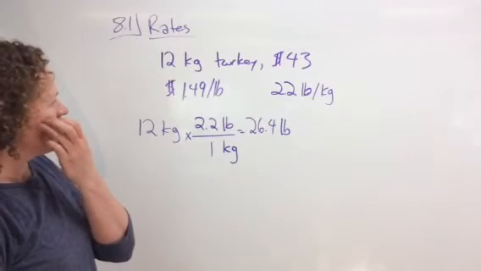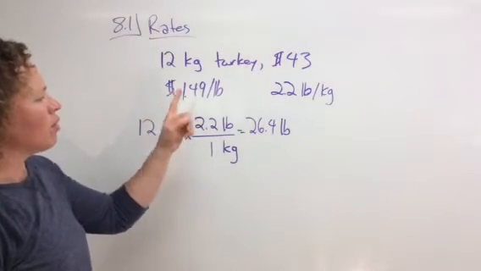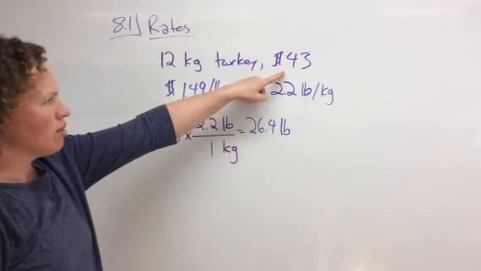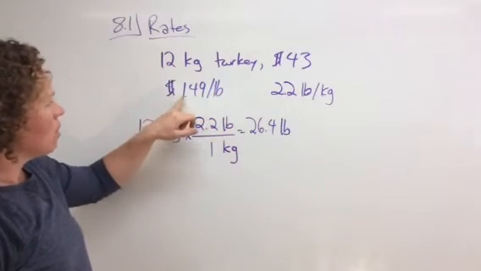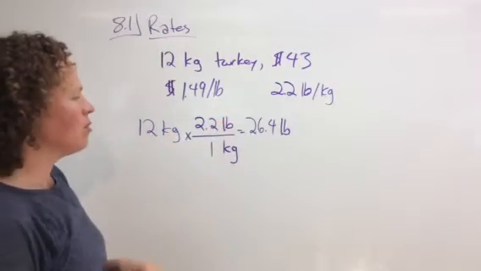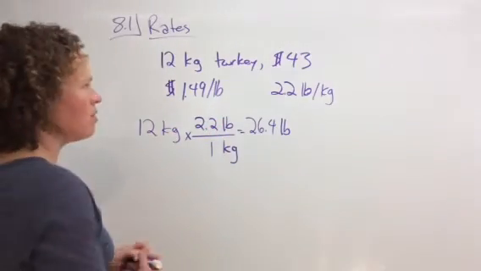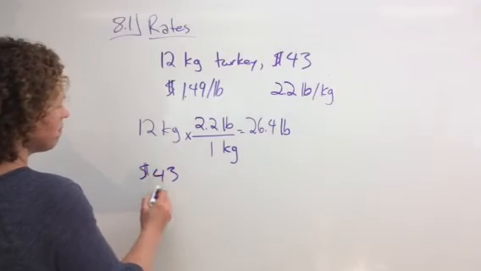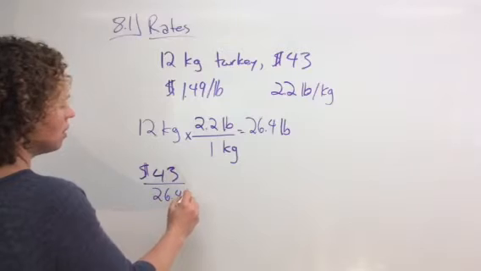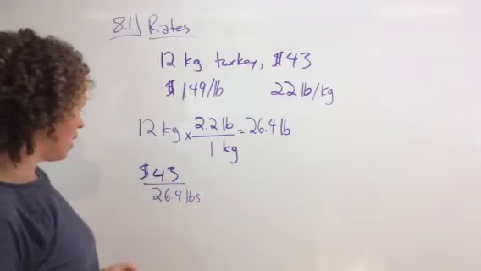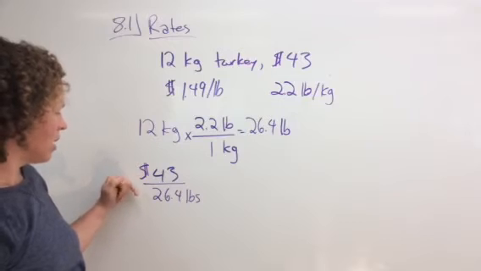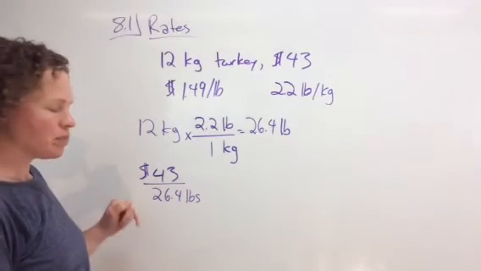Now, I know that this 26.4 pound turkey, because this is what this is equal to, is $43. And I've got dollars over pounds here. So I'm going to put the dollars over the pounds. I'm going to say $43 over 26.4 pounds. Now, anytime you stack numbers up like that, this is a division statement.